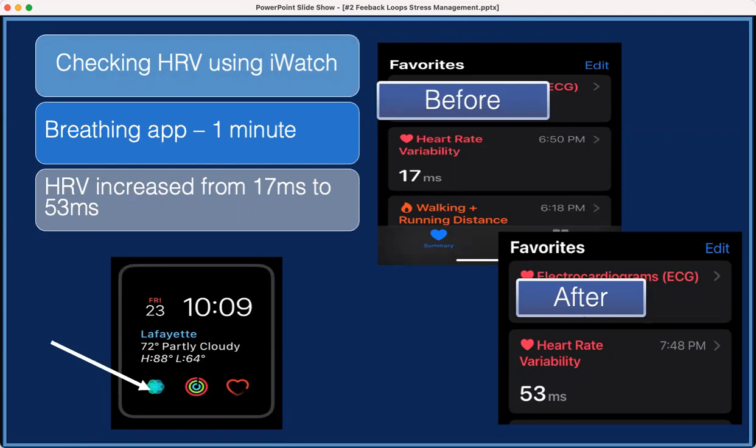The heart rate variability was very low at 17. And after 1 minute of deep breathing, just using the watch, it came up to 53. So great improvement. You can check it anytime, and you don't have to do a specific meditation session to see the improvement of taking deep breaths.